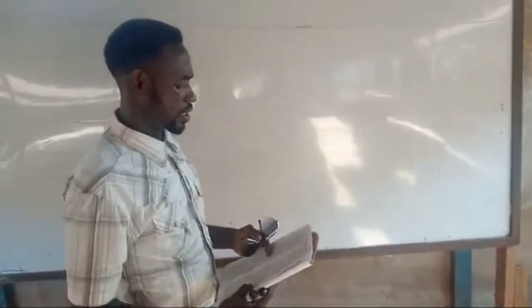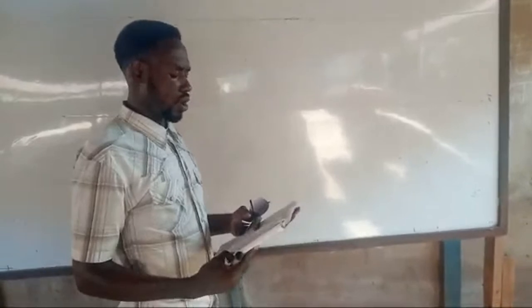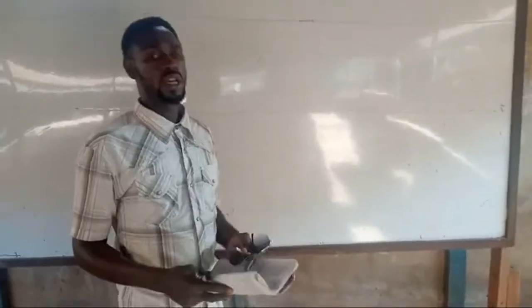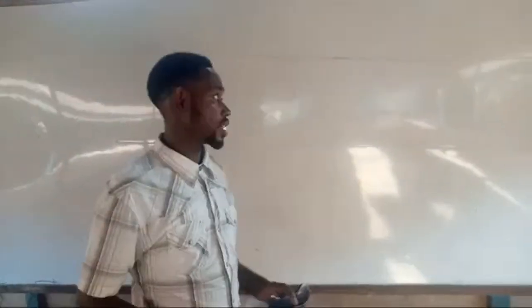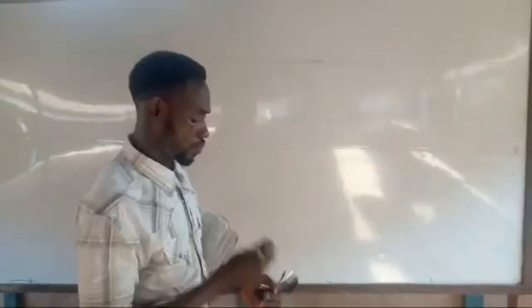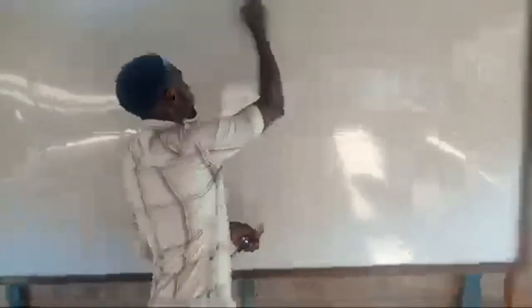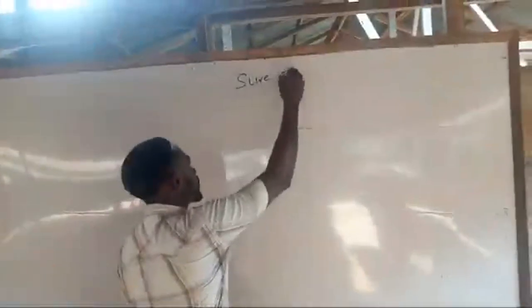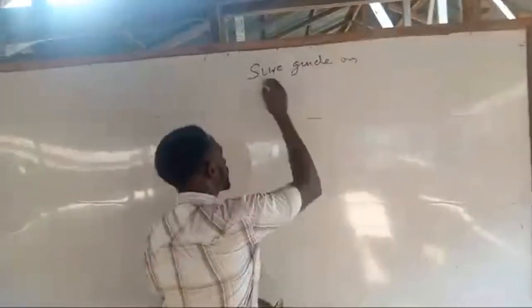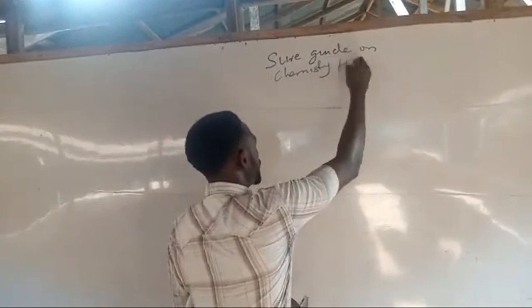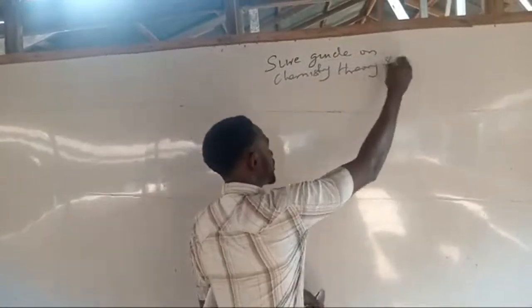So this question here says, what is the structure of the atom as proposed by Rutherford? First, what we have here is a short guide on chemistry theory and objectives.